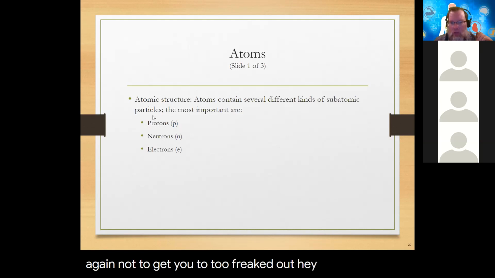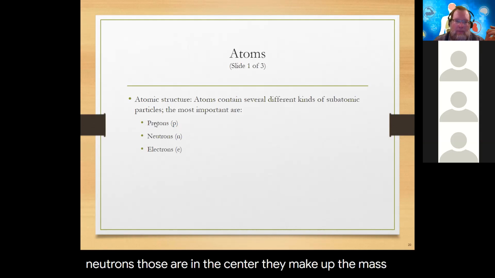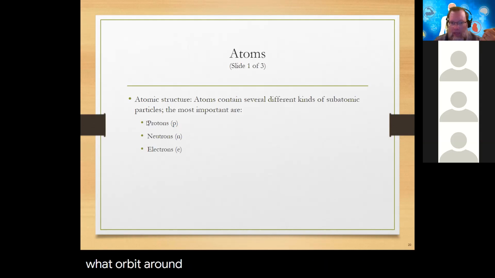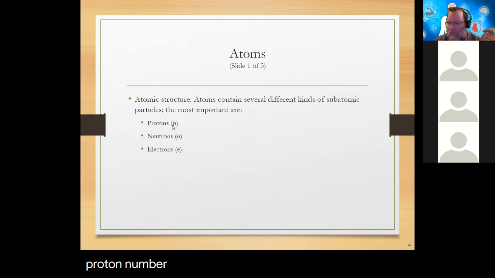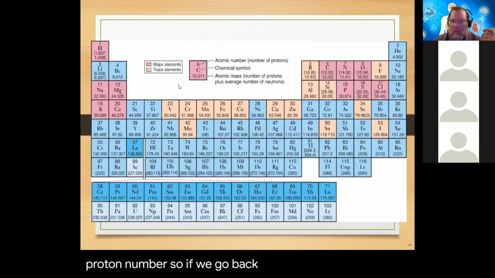Protons and neutrons are in the center. They make up the mass. Electrons are what orbit around the center. Electrons are extremely lightweight. The electron number happens to be the same as the proton number. So if we go back and look at carbon, for instance, carbon's atomic number is 6.